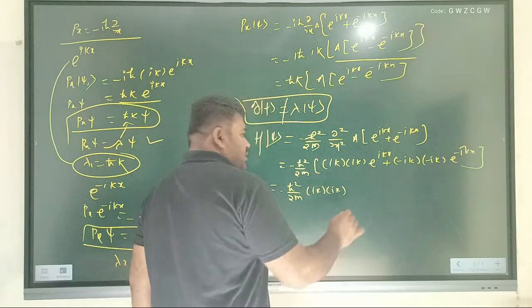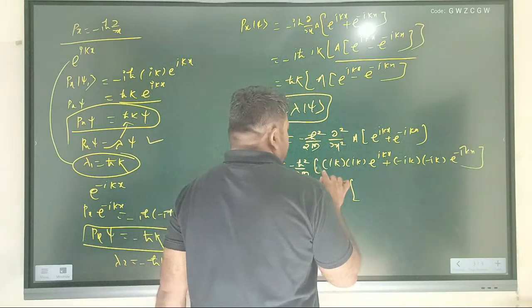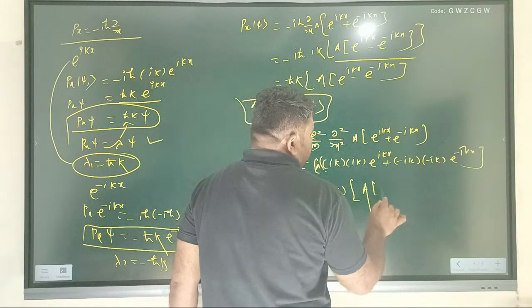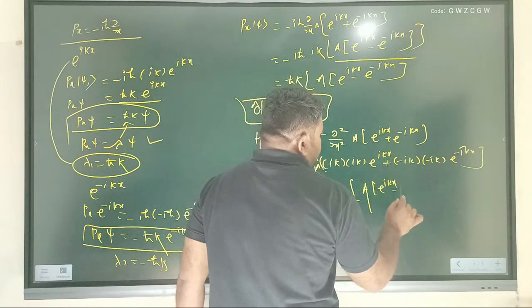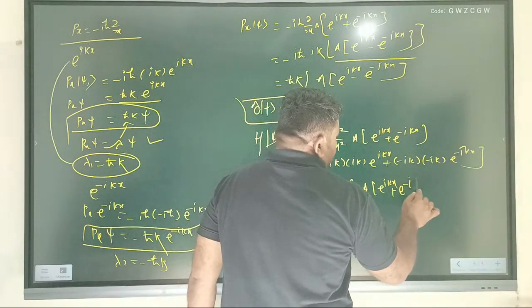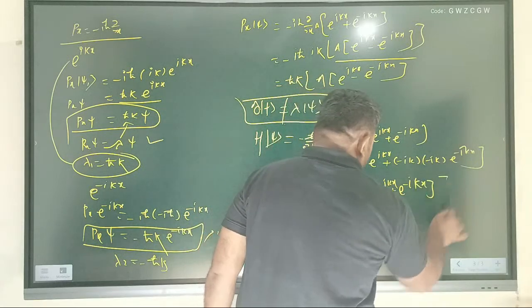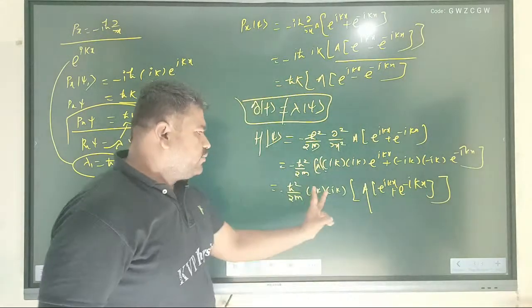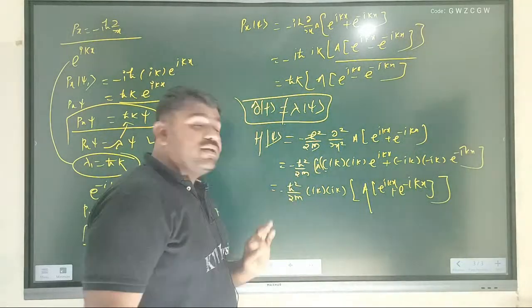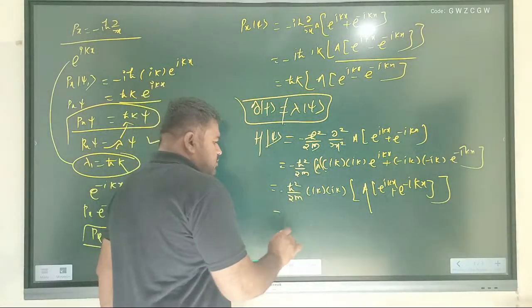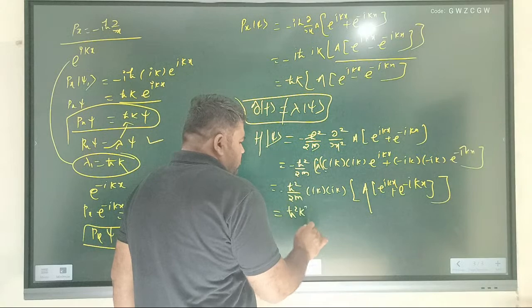And what is inside? Inside, write down here, is a, a e to the power ikx plus e to the power minus ikx. Clear? Now i into i square is minus 1, minus into minus becomes plus. Clear? Now this is equal to how much? h cross square k square upon 2m.